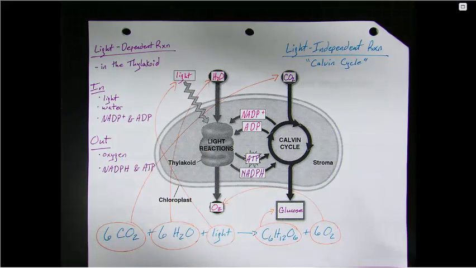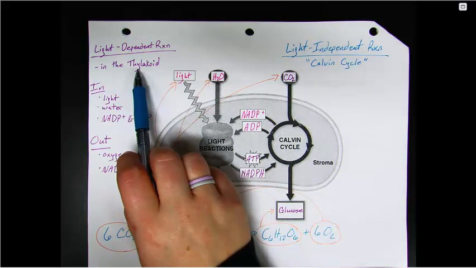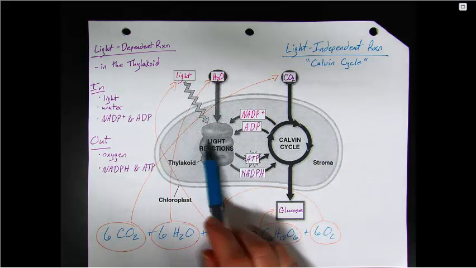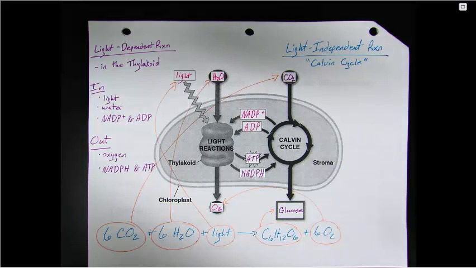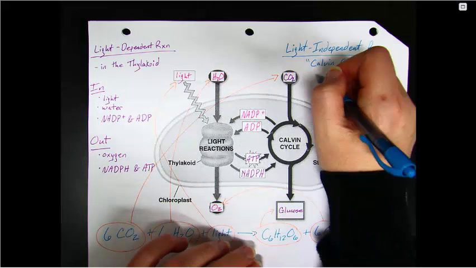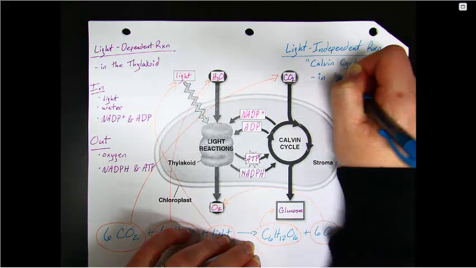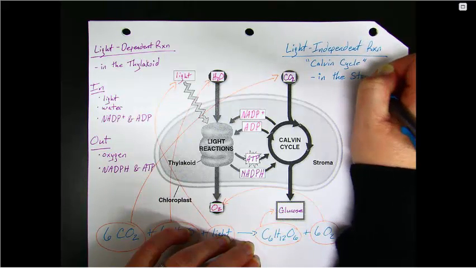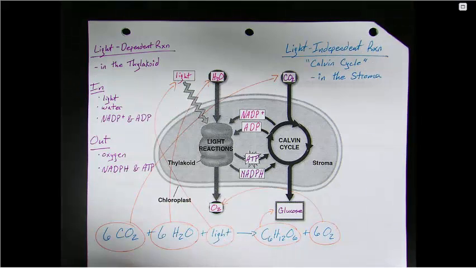Now again, the Calvin cycle does not take place in the thylakoid, so it's not in those stacks of pancakes. Instead, the Calvin cycle, this is in the stroma. And that stroma is the space inside of the chloroplast that surrounds the thylakoids.